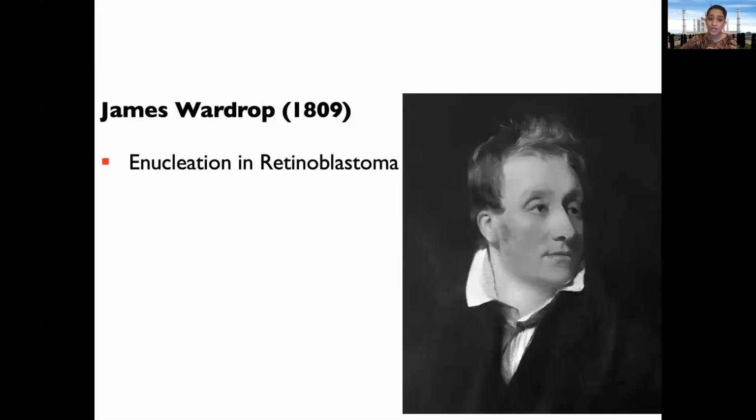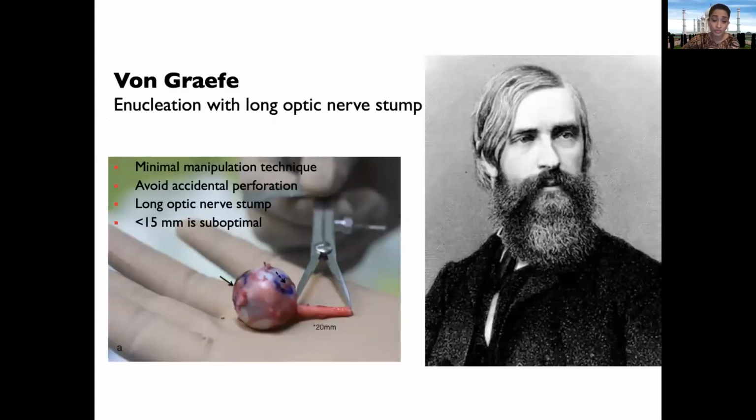It was Dr. James Wardrop who defined the term retinoblastoma, and he introduced enucleation as a treatment of retinoblastoma in the 18th century. But of course there was a lot of objection because it was a crude technique then, being before the era of the introduction of chloroform by Simpson, and it was considered a very, very crude procedure. But later it was definitely embraced and accepted as the primary management of retinoblastoma.